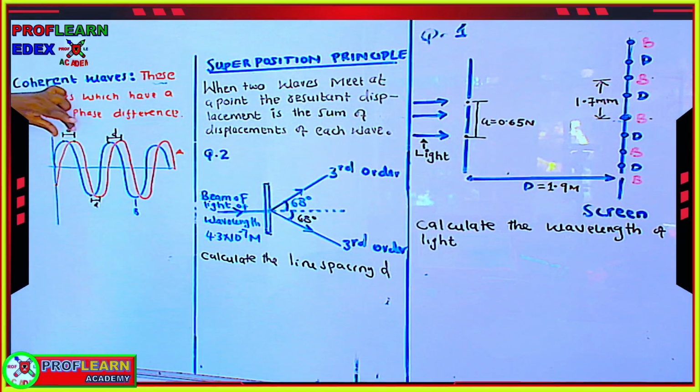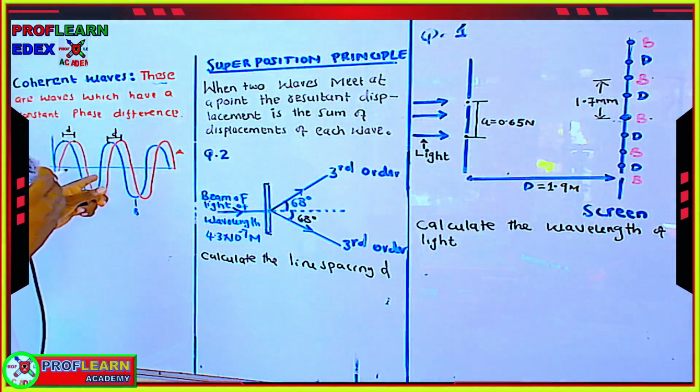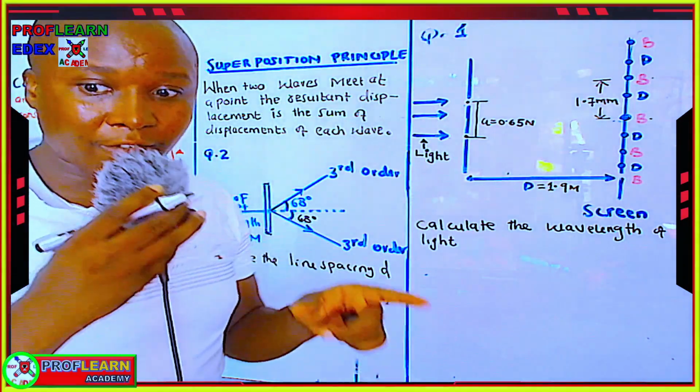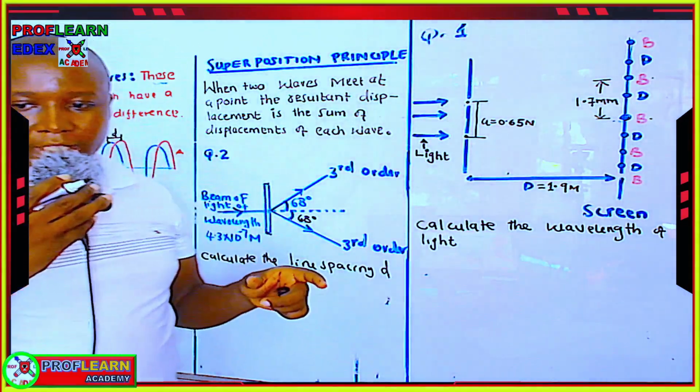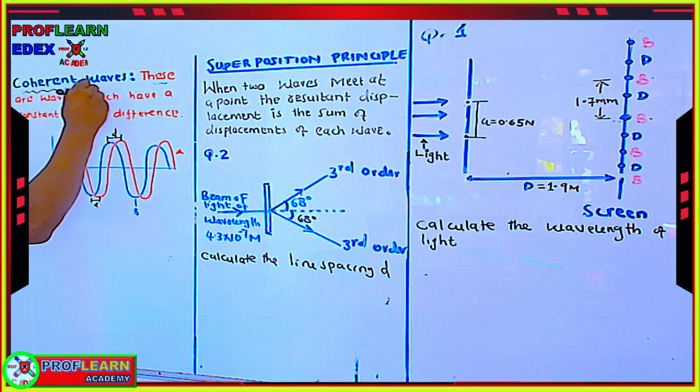The distance between the two particles is constant throughout. So it tells you that these waves have a constant phase difference, and if waves have a constant phase difference, it means the two waves are coherent.